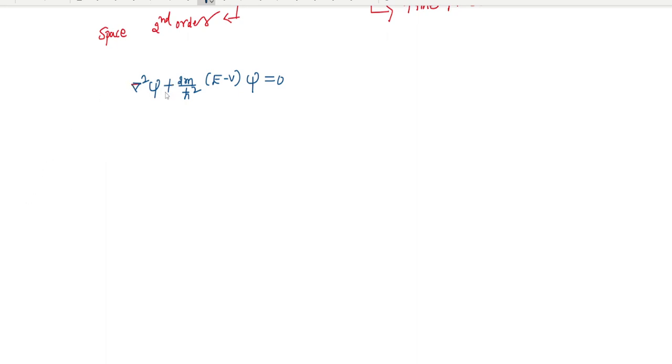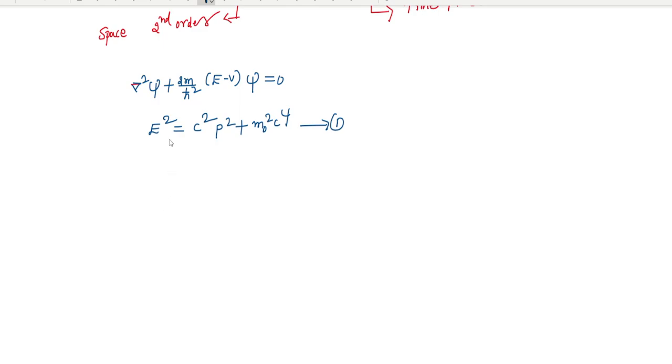They put the relativistic Hamiltonian in place of the Hamiltonian, which means they are using the relativistic energy relation, which we already discussed: E square is equal to c square p square plus m naught square c power 4. This is equation number 1. Here m naught is the rest mass of the particle.